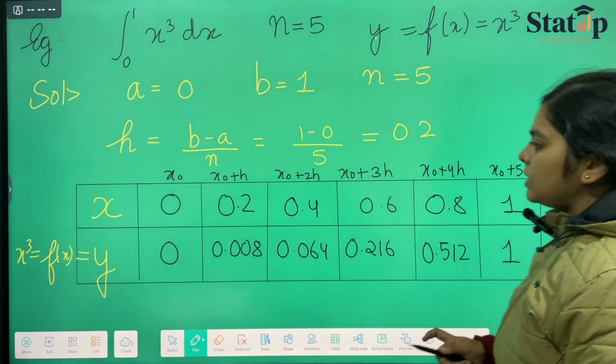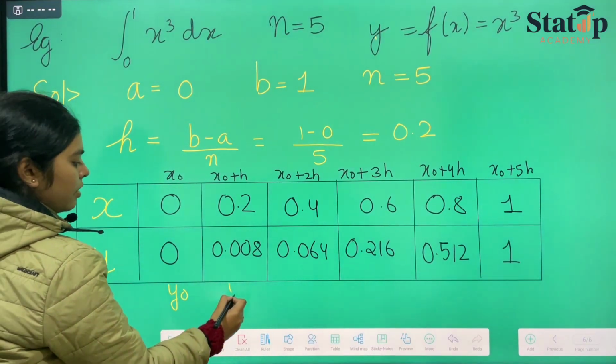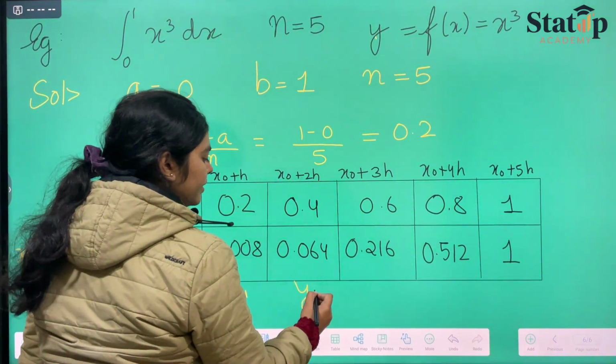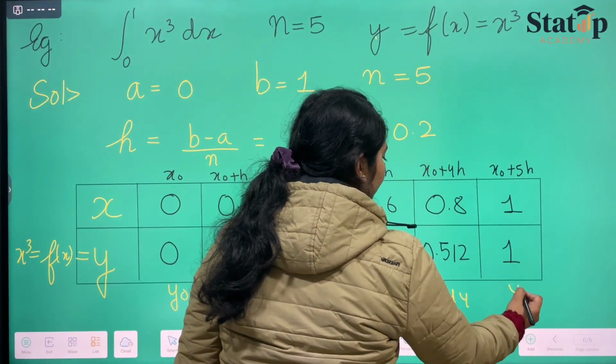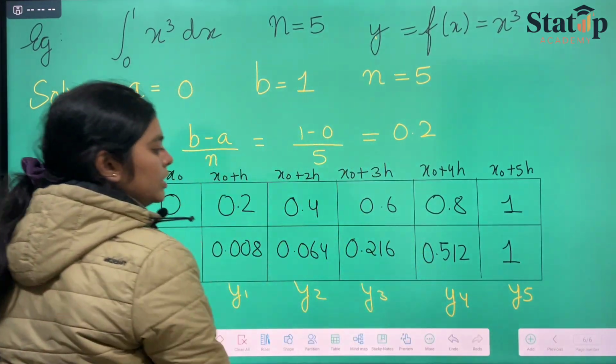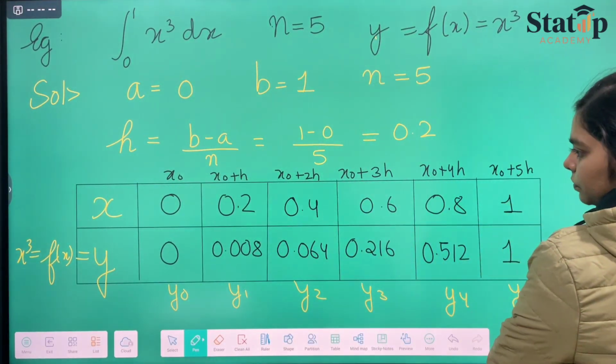Now these are the values, as we all know, y naught, y1, y2, y3, y4, and y5. All of these values have been provided to us, or we have drawn that.